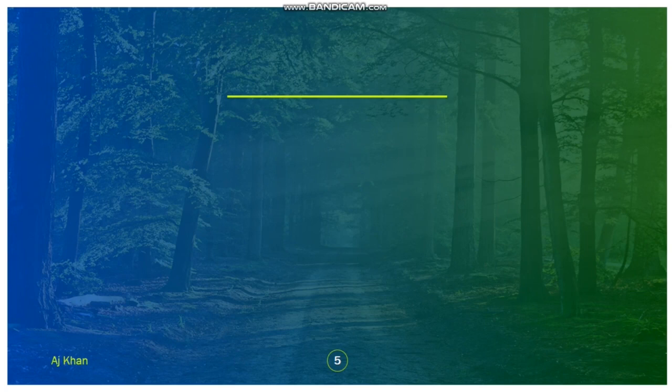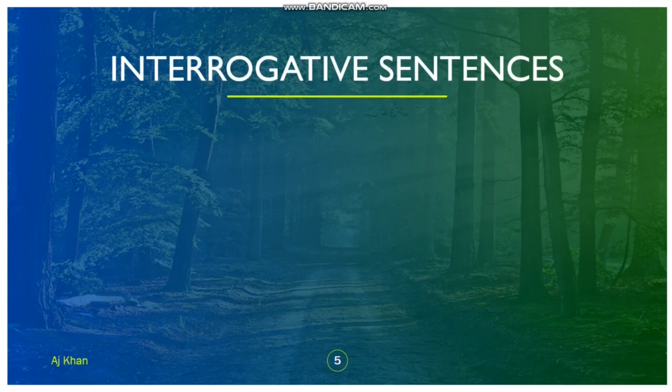Let's talk about the structure of interrogative sentences. In interrogative sentences, the auxiliary verb is used at the beginning of the sentence. On the screen you can see the structure of an interrogative sentence: auxiliary verb plus subject plus verb plus ing plus object.